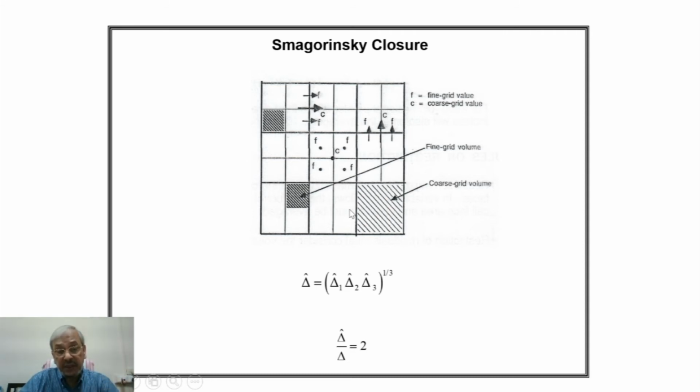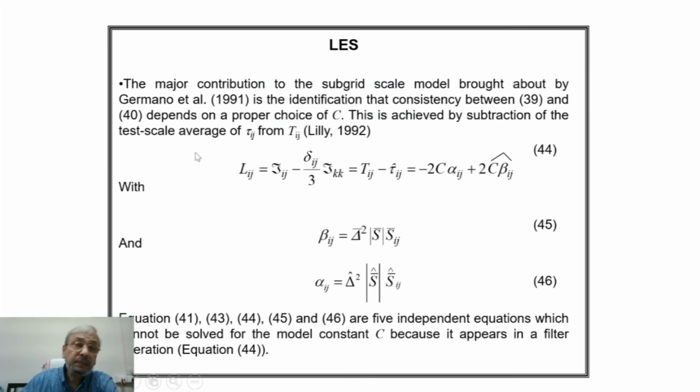Extension to three dimensions is straightforward, and it will be done in such a way that the grid filter, which is delta grid filter, is smaller than the test filter, and the ratio of test filter to grid filter is 2. This is double in all the directions x, y and z.